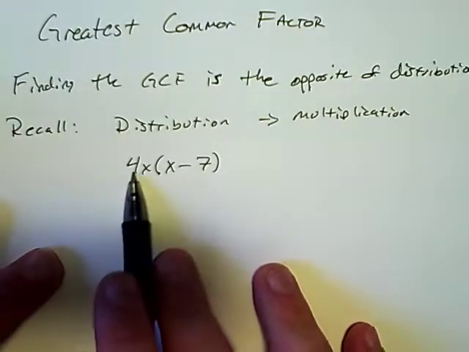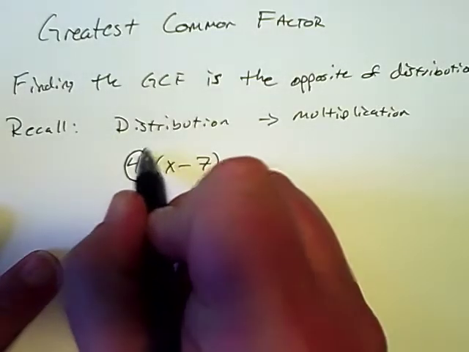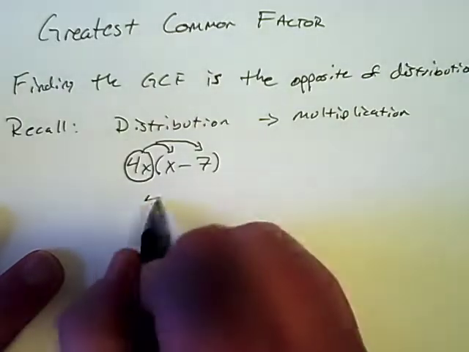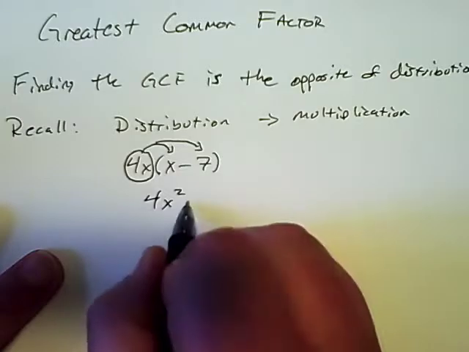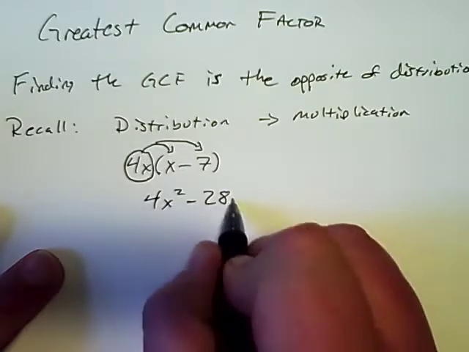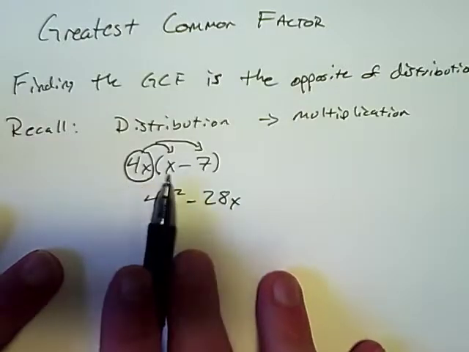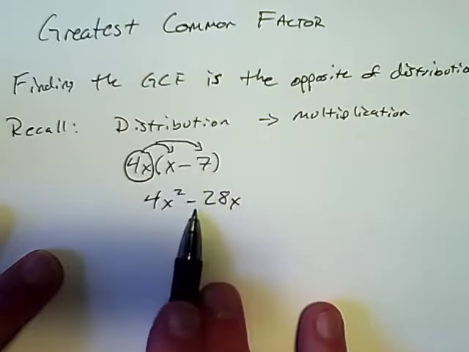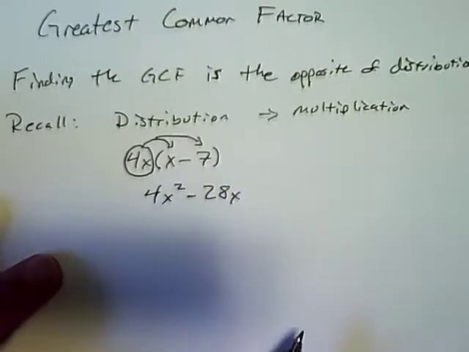So I'm going to distribute the 4x to the x and the negative 7. 4x times x is 4x squared, and 4x times the negative 7 is negative 28x. So that is distribution.